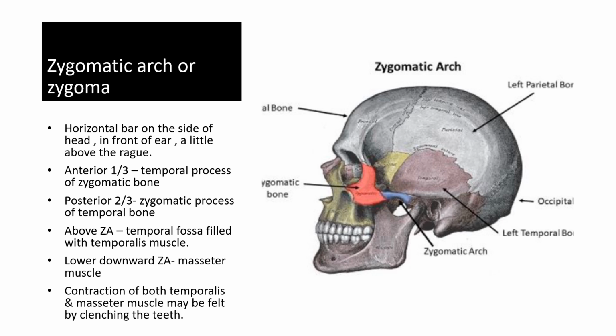Above the zygomatic arch, there is the temporal fossa filled with temporalis muscle, and below the zygomatic arch, there is the masseter muscle, and the contraction of both of these muscles may be felt by clenching the teeth.